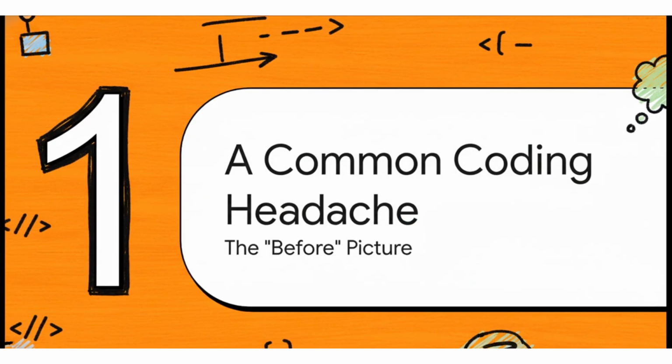So, before we get to that elegant solution, let's take a good hard look at the headache it's meant to solve. We'll start with a classic example, a super simple text editor. Seems straightforward, I know, but it is the perfect way to show just how fast things can get coupled and really, really complex.